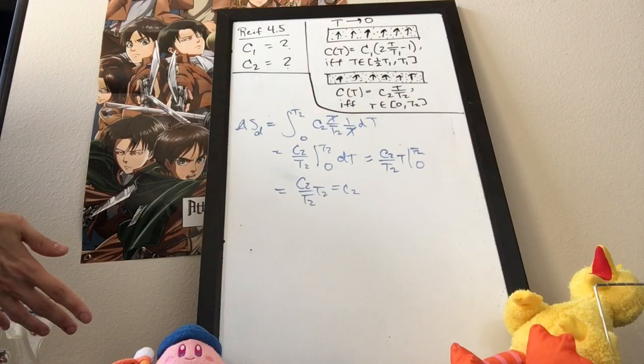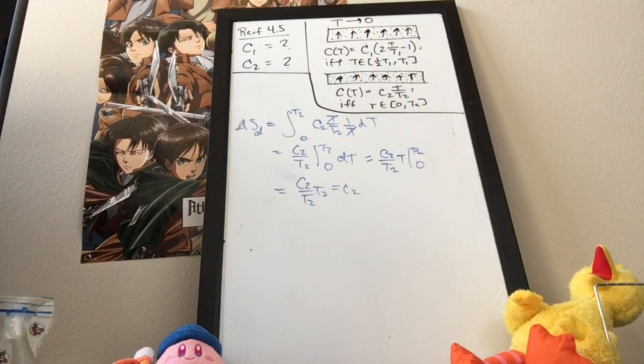So if this is just equal to C2 in this case, what we can do is get a ratio of these two things to compare the magnitudes of the specific heats of the two cases.